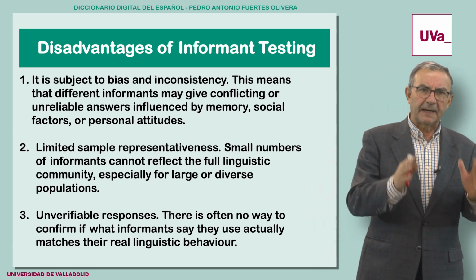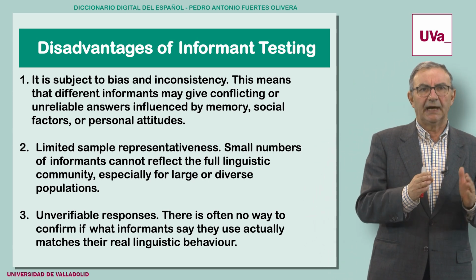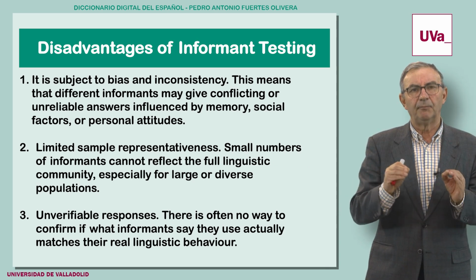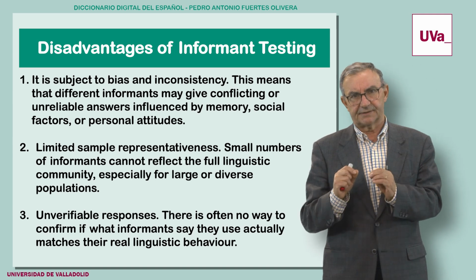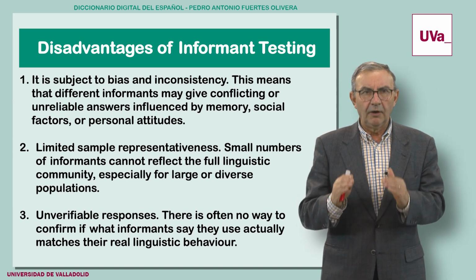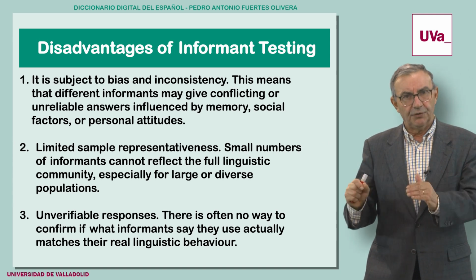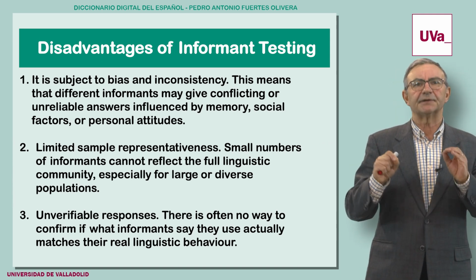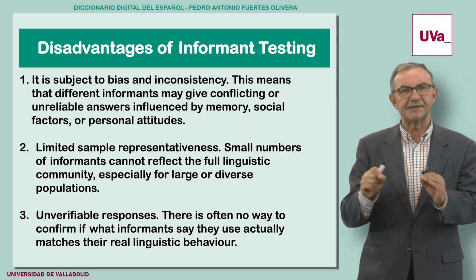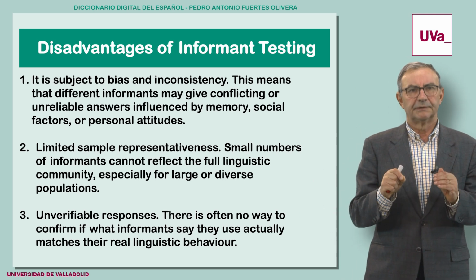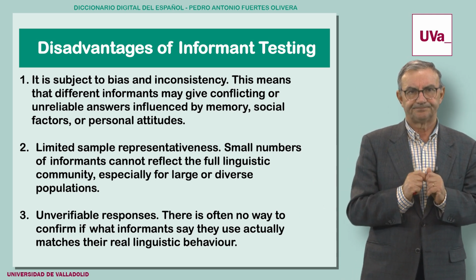A second disadvantage is that it has limited sample representativeness. Only a small number of informants are used, and these cannot reflect the full linguistic community, especially for large or diverse populations.